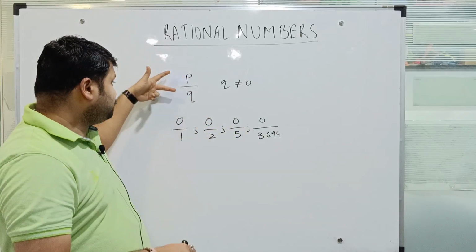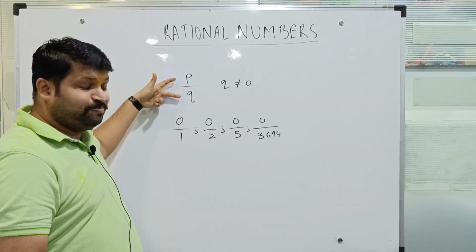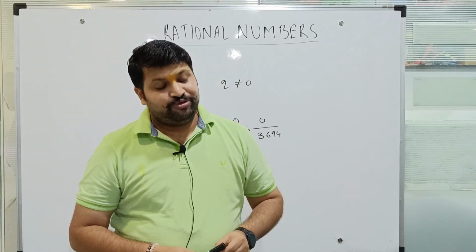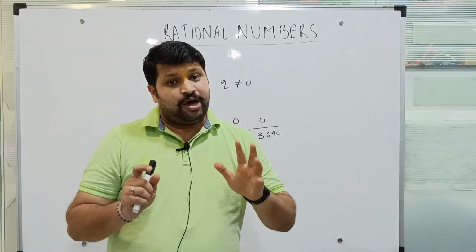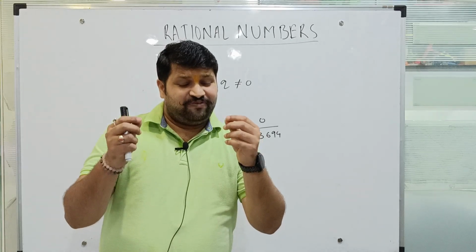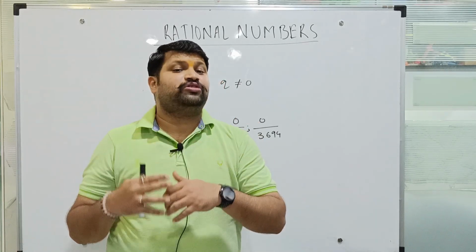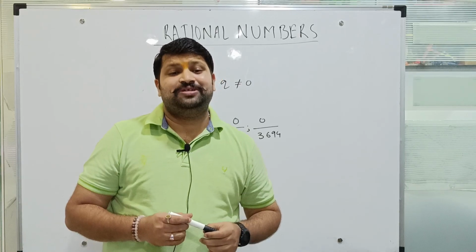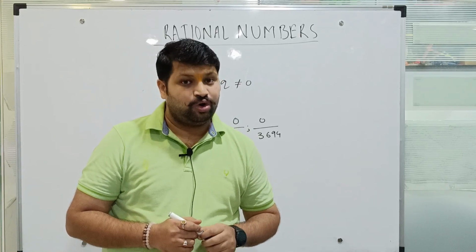If only one of P and Q is negative, then the rational number would be negative. No matter what happens, if the numerator has a negative sign or the denominator has a negative sign, we generally keep the sign with the numerator only.